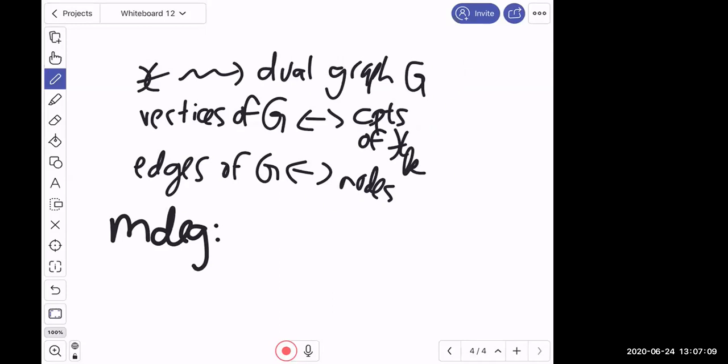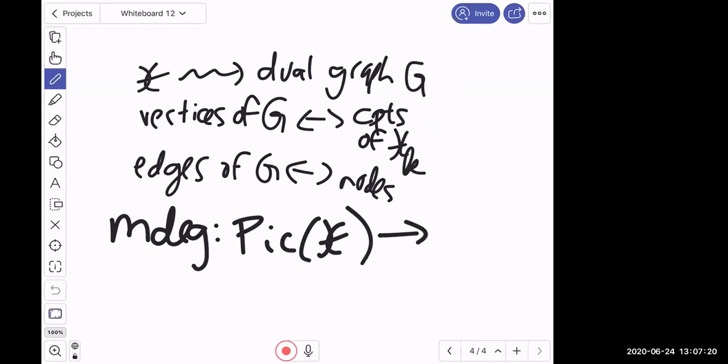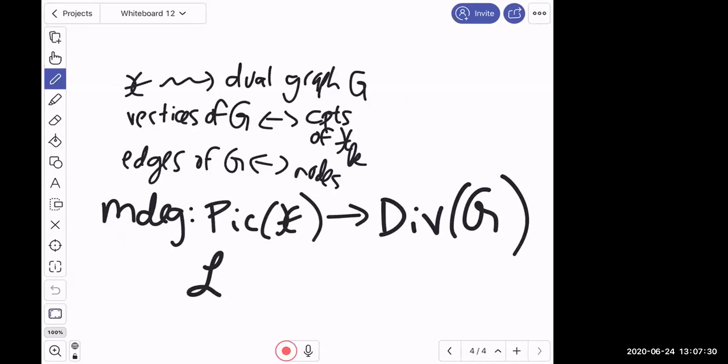It'll just be the degree of a line bundle restricted to each component of the special fiber. So it's going to go from the Picard group of my surface, these are isomorphism classes of line bundles on this model, to divisors on the graph. Okay, and the map simply takes a line bundle L to the divisor which is the sum. So for notational convenience, let me just identify vertices of the graph with components of the special fiber.